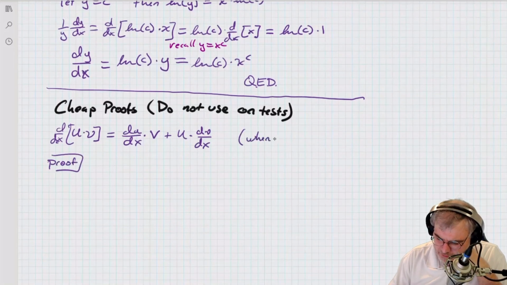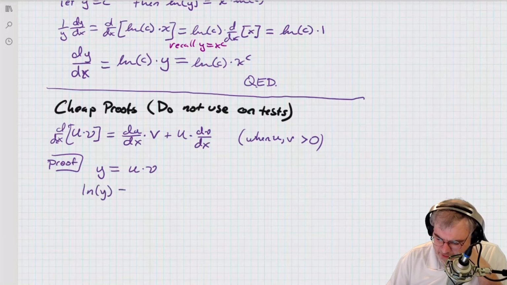When u v is greater than 0. Proof. Okay, so I've got y equals u times v. That means that the ln, the log of y, equals the log of u v, which equals the log of u plus the log of v.